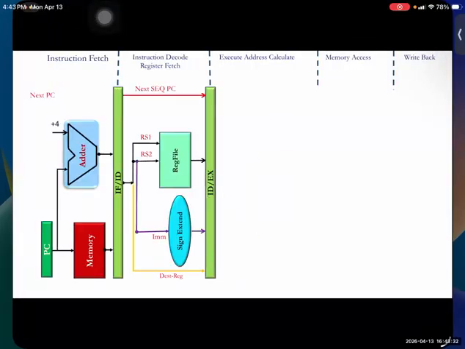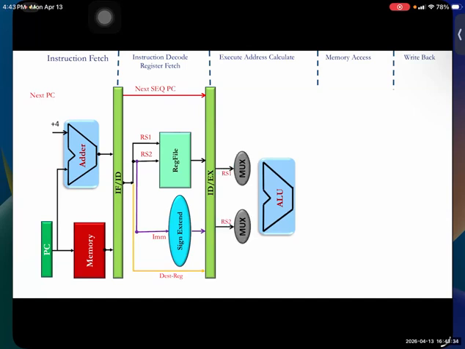So the next one is, if it is a branch instruction, then what is the job of multiplexer 1 and multiplexer 2? Let us see. For a comparison operation, then a jump not equals to, suppose 99, the comparison operation is R1 and R2.